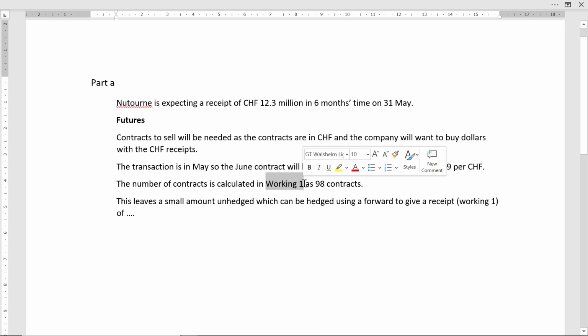So working 1, 98 contracts, working 1, the hedge using the forward, and so on. So I think that's really important, and that allows you to explain the meaning of your numbers, to make sure that you've got the basic setup correct, which is absolutely crucial in currency hedging, and to talk about the meaning of the numbers once you've got the options figures too, and that's also going to give access to the professional marks.